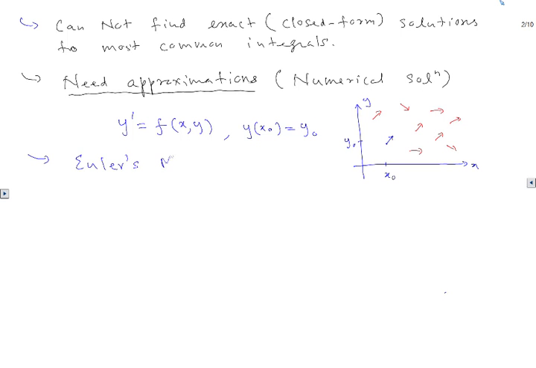It's easiest, but not very accurate. You know, when something is really easy, you don't get good results. That's a kind of common thing.